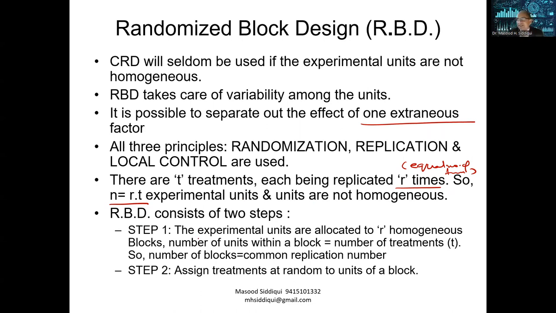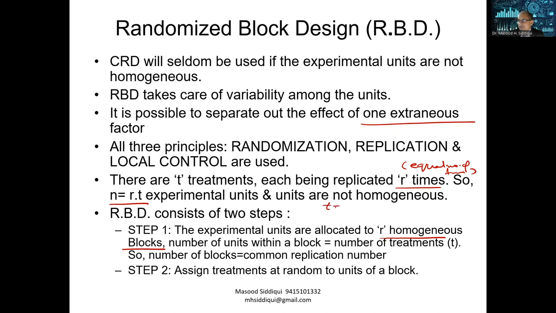So what is the first step? The experimental units are allocated to r homogeneous blocks, so the number of blocks should be equal to the number of replications, that is r. And the second thing is the number of units in a block is equal to the number of treatments.